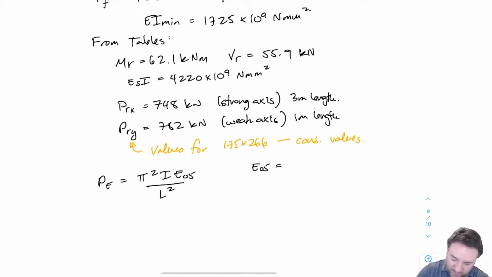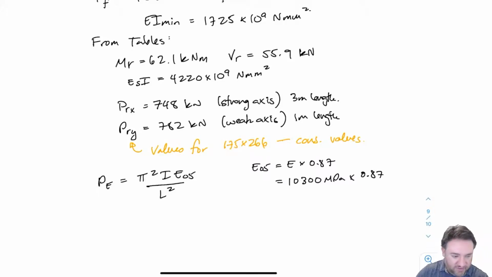My E05 for glulam is E times 0.87, and that's something that you get from table 7.3, or table 7.2 if you're in the 19 edition. And I am not going to go to the tables for all of these values explicitly because I'm assuming we've done enough examples now that you can go get these table values yourself, because now is the time that we need to start saving some time since this example is so long.